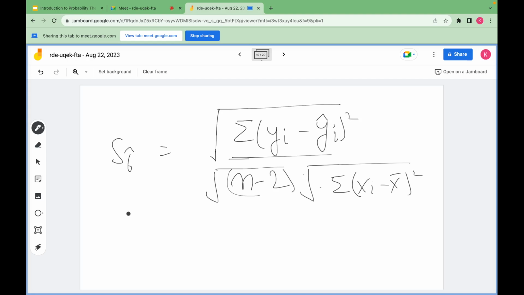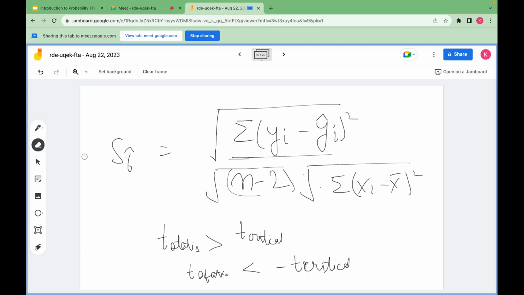Now, if this T statistic is greater than T critical, or if this T statistic is less than minus T critical, where by critical I mean for a given value of alpha, then reject H naught.